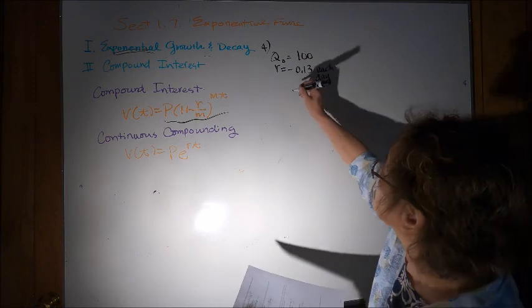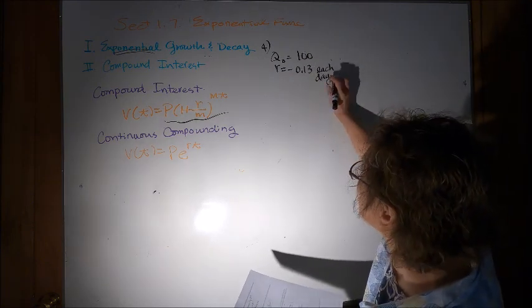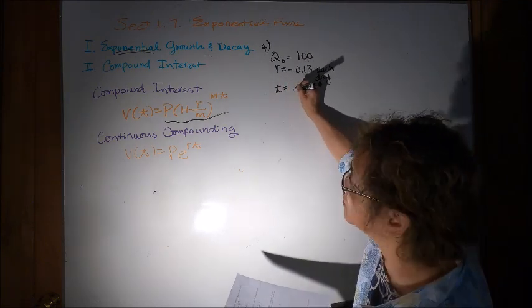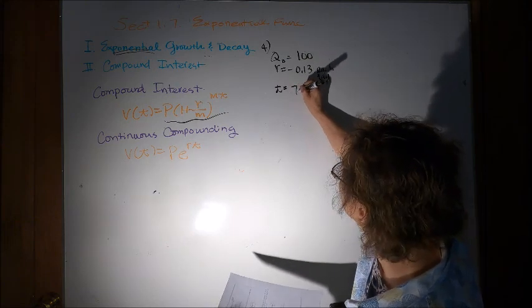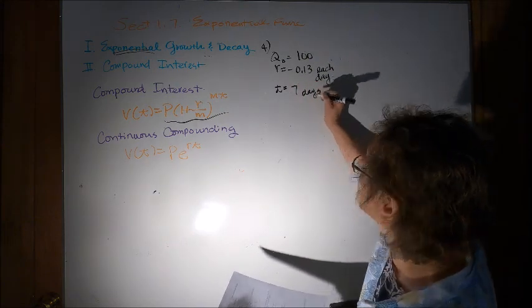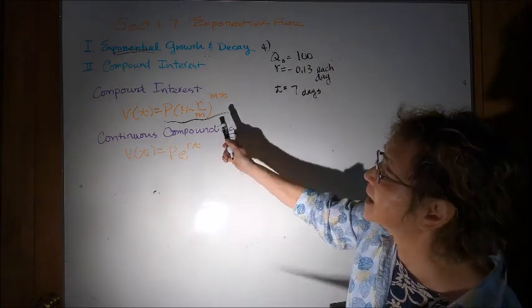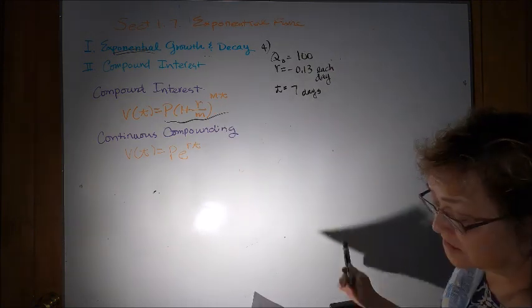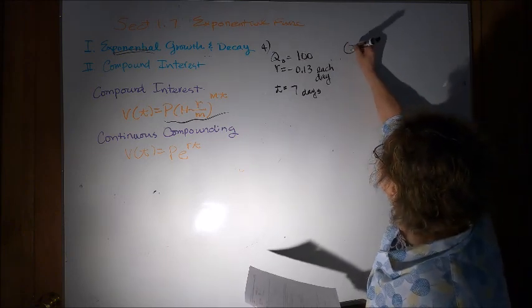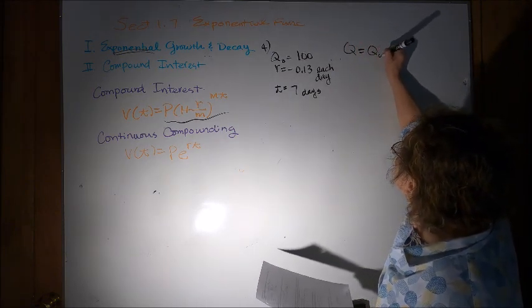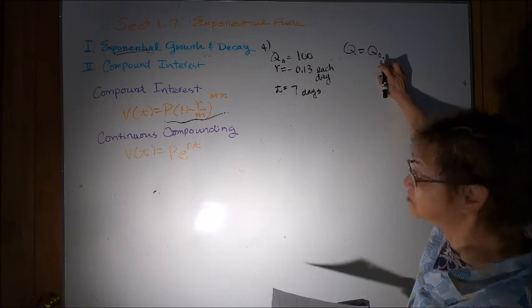Because it's by day, T will be what? A week would be 7 days. So we are still doing it like compound interest, but it's decay. So your Q will be what? That's a future value. That's a present value.